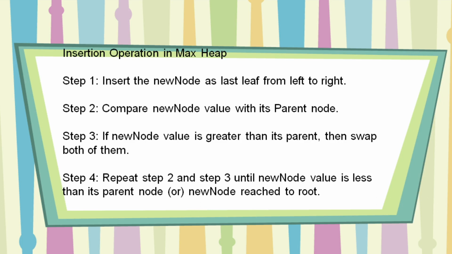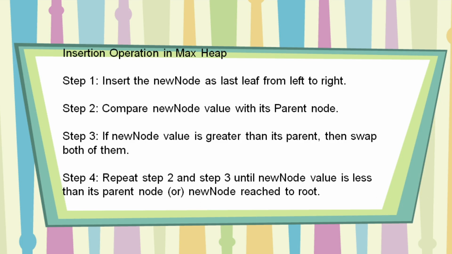Next, coming to the insertion operation in max heap. As we said, we have to insert the elements from left to right. The insertion process has steps. First, we insert a new node at the last leaf from left to right. We have already constructed a tree.